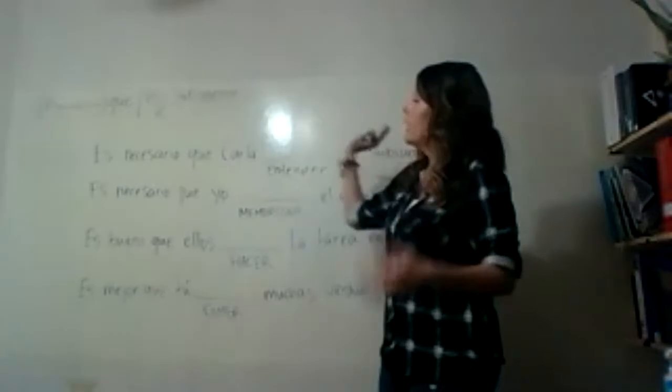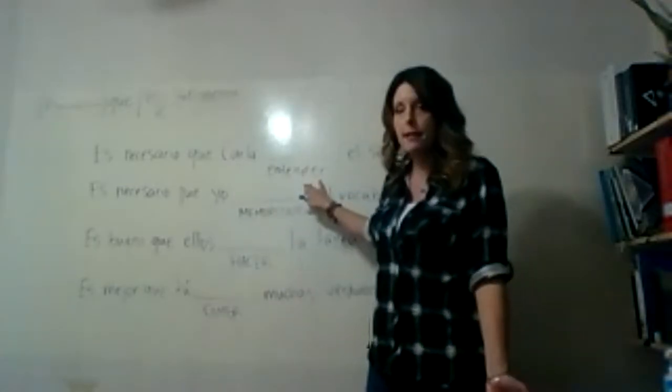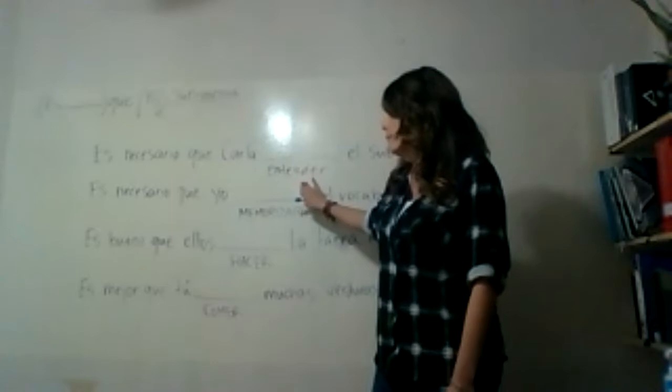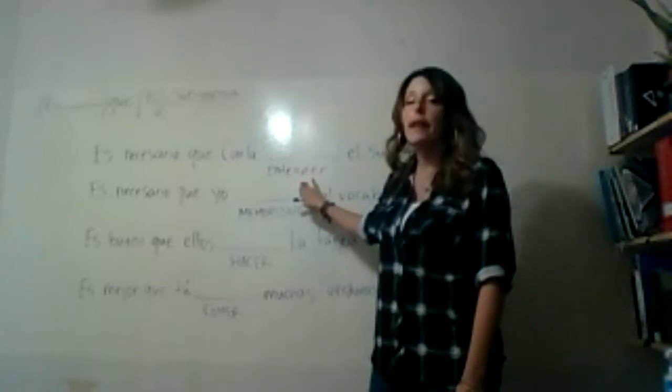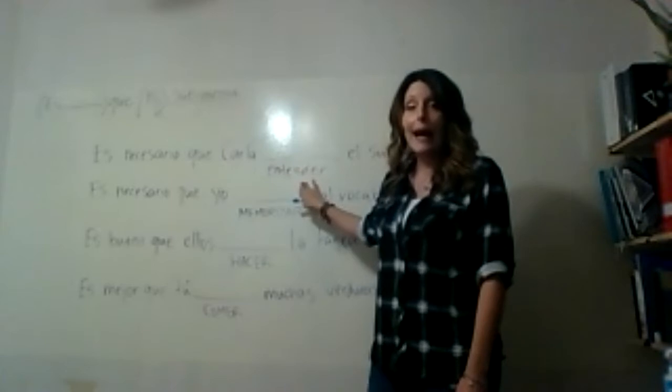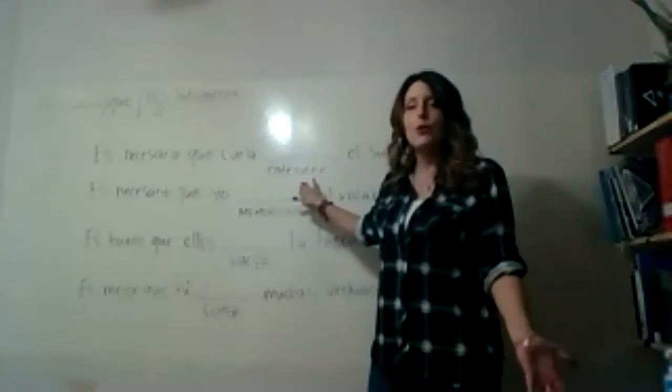So, forgetting about anything else in the sentence, we have entender, which means to understand. When we look at that verb, hopefully we can recognize that entender is an E to IE stem change verb. If you are asking yourself, how am I supposed to know that?